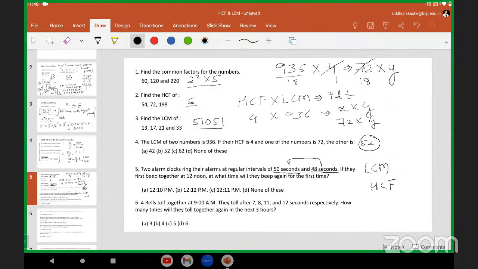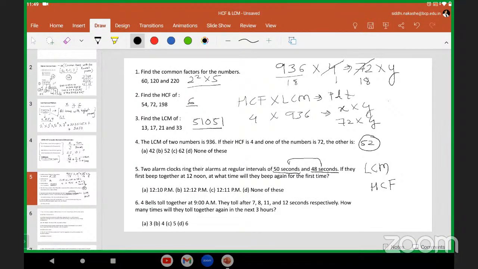Is everyone getting 1200 seconds as the answer? Guys, anyone 1200 seconds? Yes, sir. Okay.